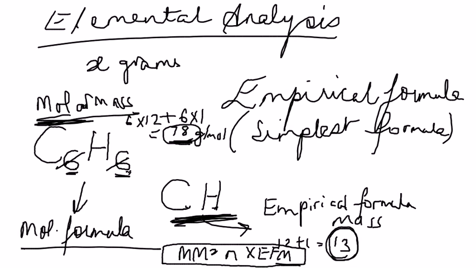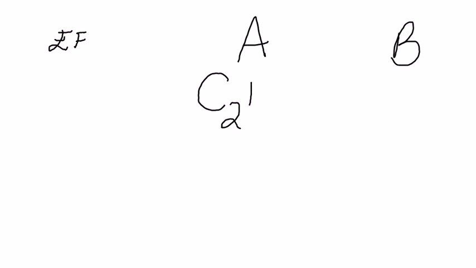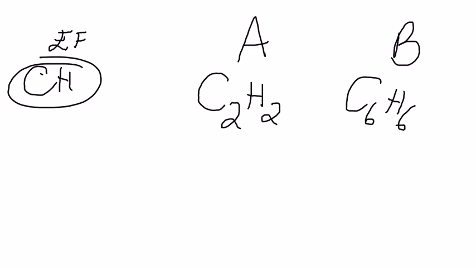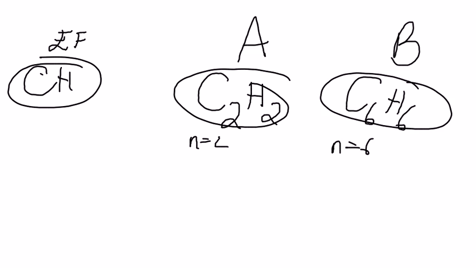There is another thing that I want you to consider, and that is that the empirical formula can be the same for two different compounds. Let's say you have a compound A, another compound B. Maybe A is acetylene, C2H2, B is benzene, C6H6, but both of those have the same empirical formula, CH, right? The value of n in one case is 2, in another it's 6. So that differentiates between the molecular formulas, but realize that the empirical formula could be common for the two of them.